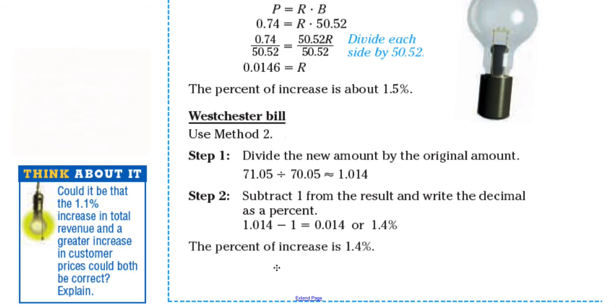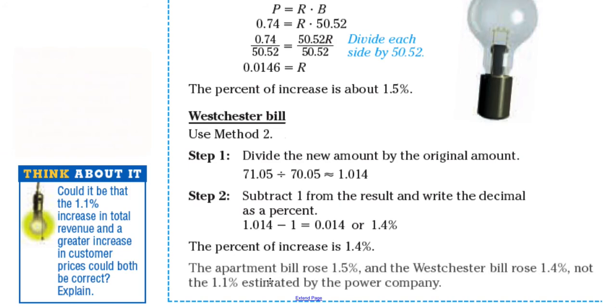So the percent of increase is 1.4%. Now, if you notice, this is 1.5%, this is 1.4%. So the apartment bill rose 1.5%, and the Westchester bill rose 1.4%, not 1.1% as estimated by the power company.